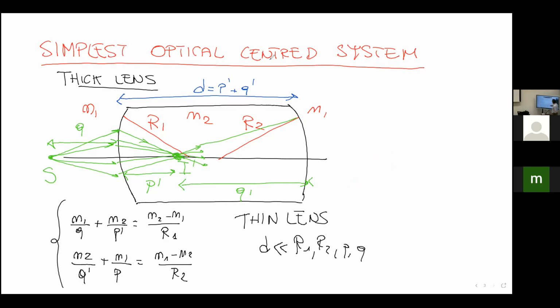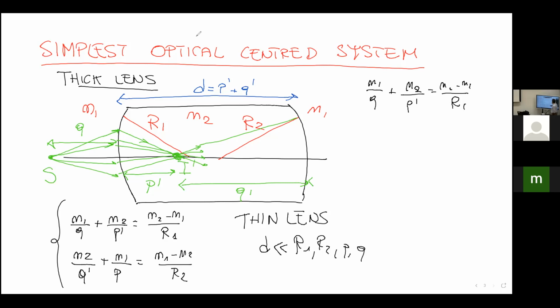First of all, we can say this is N1 divided by Q plus N2 divided by P prime equal to N2 minus N1 divided by R1.